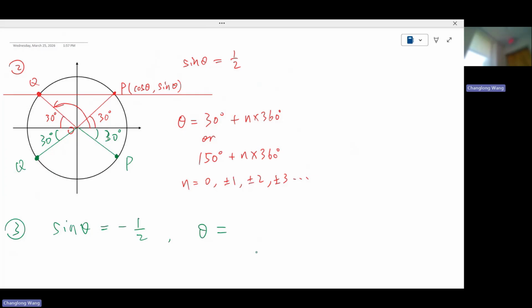In a standard position, you have to start from the positive x, going in the counterclockwise direction, all the way to the point Q. How big is that angle? I think some say 210, right? Because you are now looking at 30 more than 180. Yes. So it'll be 210.